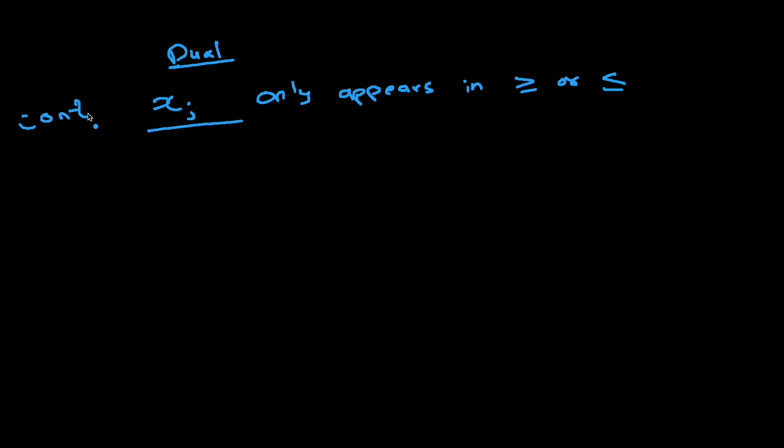It basically goes something like this. In the previous method, the primal method, we had a variable which appeared in at least one equality constraint. But here we have a variable that only appears in inequality constraints. There is no equality constraint which has this variable, and it is obviously marked as a continuous variable.